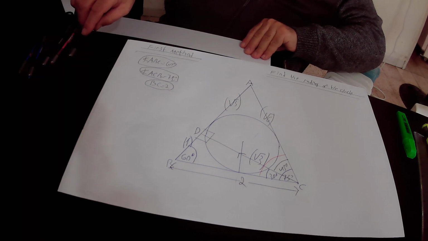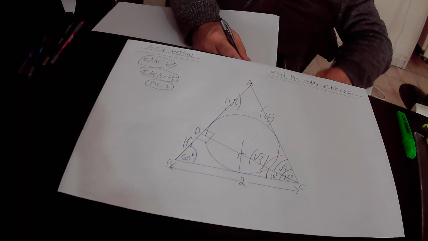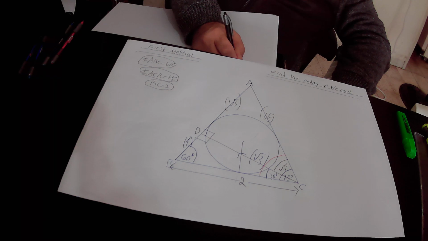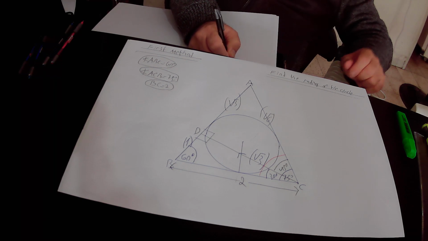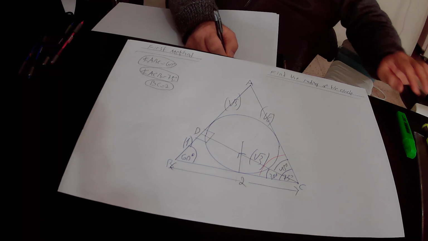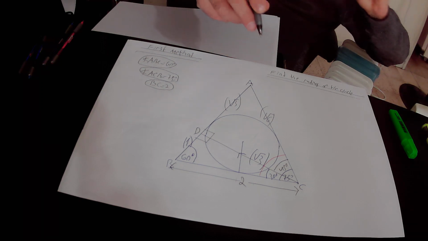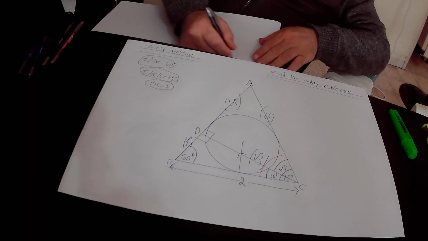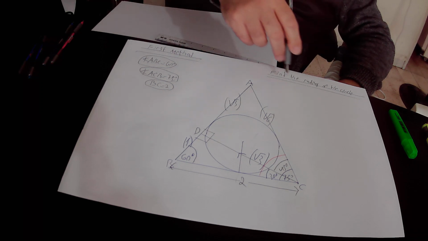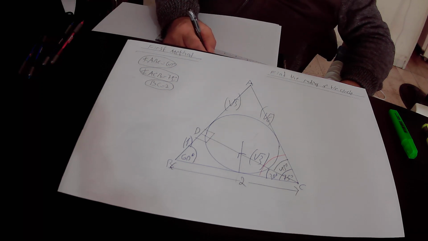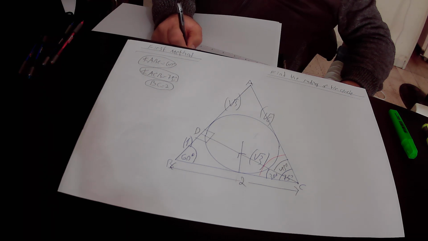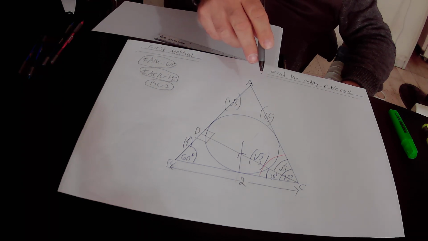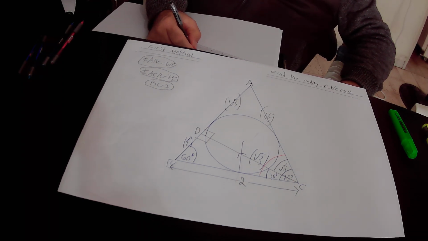So, according to rule number 15, the radius R of this circle that is inscribed in triangle ABC will be equal to the area of triangle ABC over the semi-perimeter of the same triangle, triangle ABC.